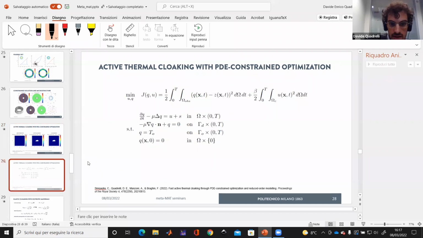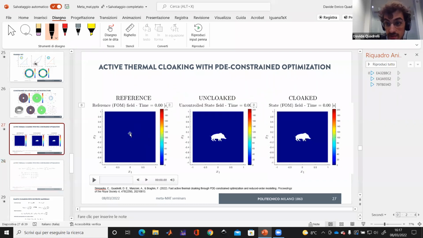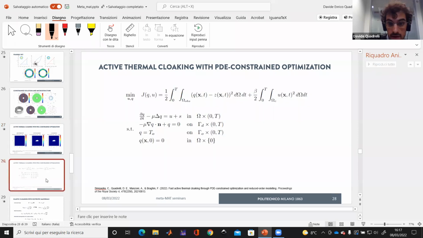And in the end, you want to minimize the difference between the temperature you obtain and the reference temperature field in time, while also putting a cost on your expense on the source.